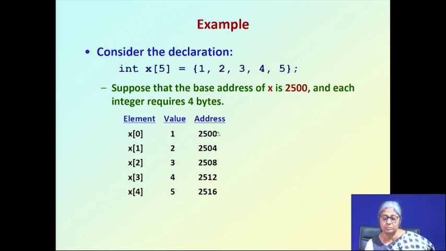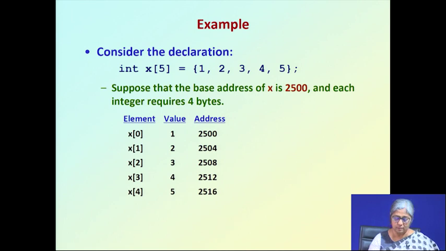Then x[1] is 2 and since it takes 4 bytes, its address will be 2504. x[2] will be 3, x[3] will be 4, x[4] equal to 5, and each time it takes 4 bytes extra because they are contiguous, successive. So it is 2500, 2504, 2508, 2512, 2516, like that.